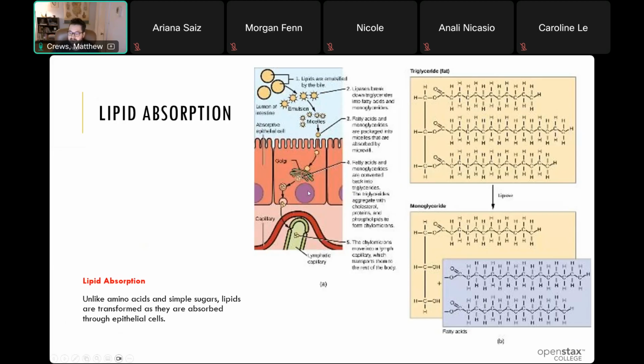With cholesterol, they are turned into HDLs, VLDLs, and LDLs. Okay, and then those move out of the cell and into the lymphatic capillary, and then into the portal vein. Okay, and then they get repackaged by the liver and distributed.